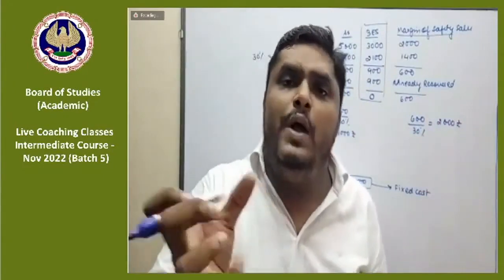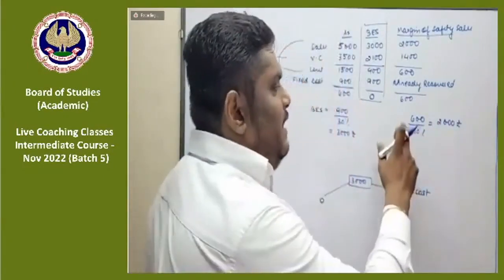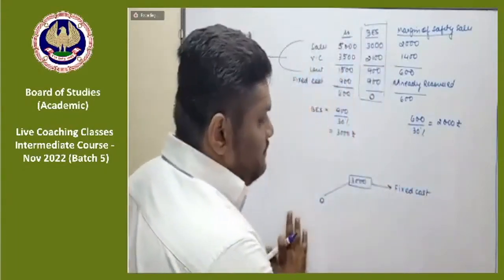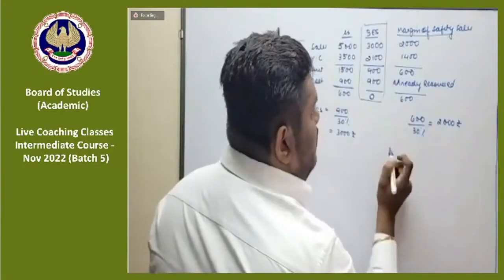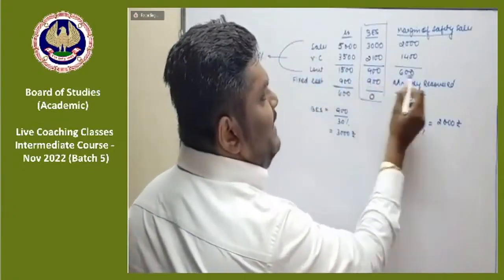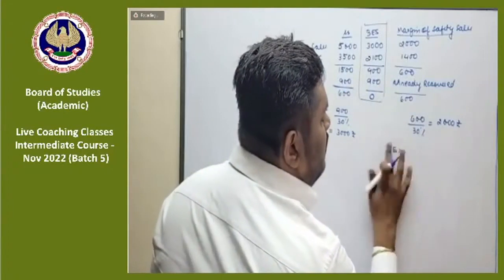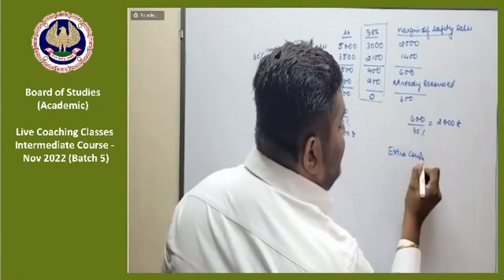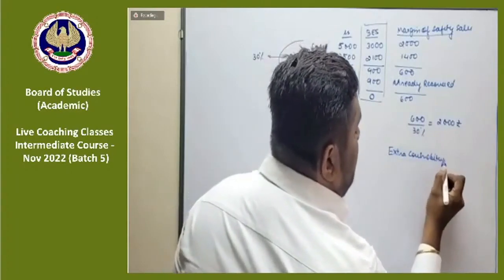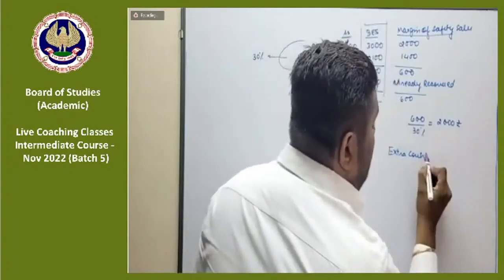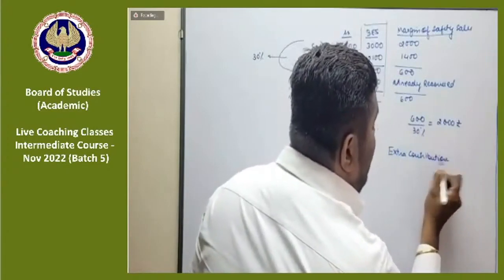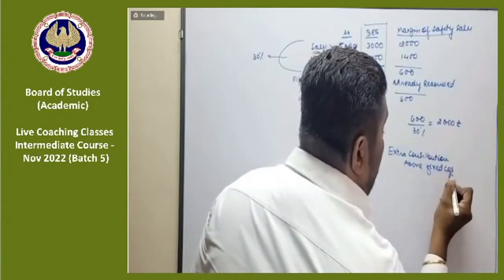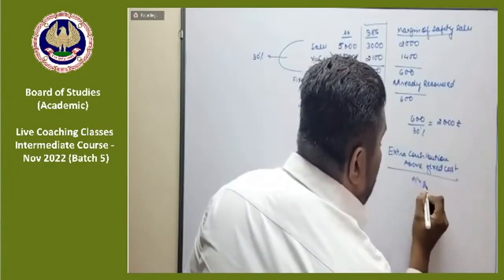So one more formula for margin of safety sales: the extra contribution over and above fixed cost. This is my extra contribution, 1,500 minus 900, extra contribution above fixed cost, divided by PV ratio.